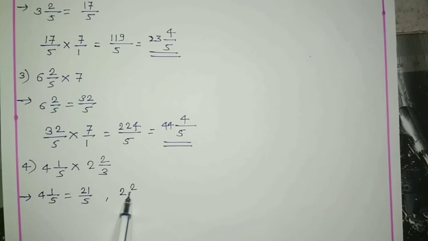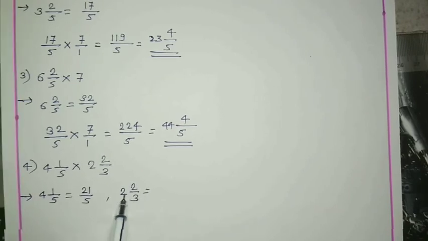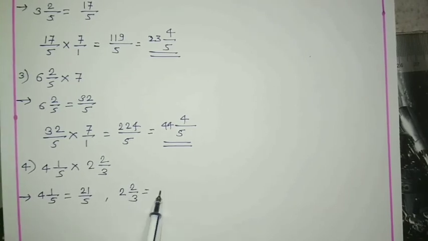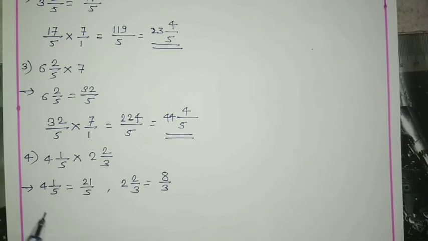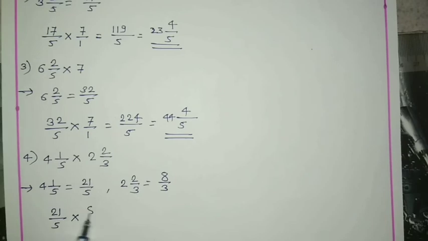And this 2 2 by 3 means 2 into 3, 6, 6 plus 2, 8, 8 divided by 3. So we have to find the product of this. So 21 divided by 5 into 8 divided by 3.